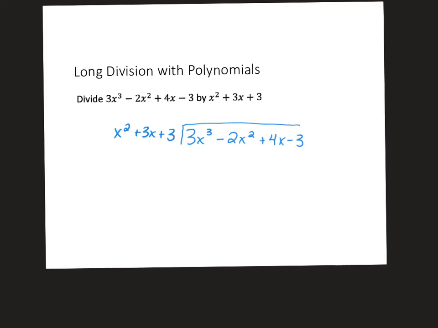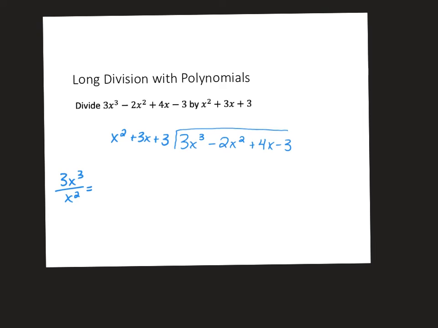Okay, so for our first step, we're going to divide, and just a reminder, whenever we're dividing, we're only looking at the first term that you're dividing into divided by the first term of your divisor. So I'm going to take 3x cubed, and I'm going to divide that by x squared and see if I can reduce this. This reduces to 3x. So that's what's going to go on top of my divisor.